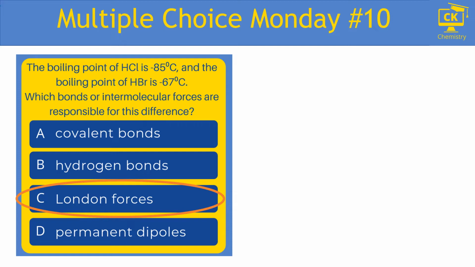So let's explain why that is by going through our options in order. So HCl and HBr are both covalent molecules. So they have the same type of bonding and they have the same type of structure, which is molecular. And what we mean by that is that there are no bonds in between two HCl molecules, for example.